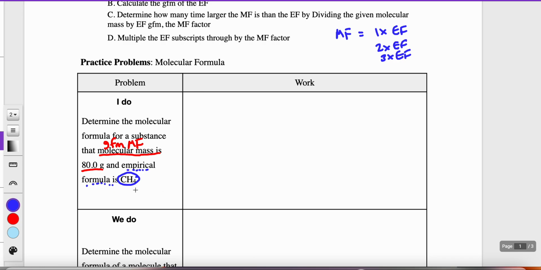So since they give us the empirical formula, our first thing to do is to calculate the GFM of the empirical formula, which happens to be CH4. So there's 1 carbon, and there are 4 hydrogens, and each one contributes a mass of 1.0. So the GFM of our empirical formula happens to be 16.0 grams.